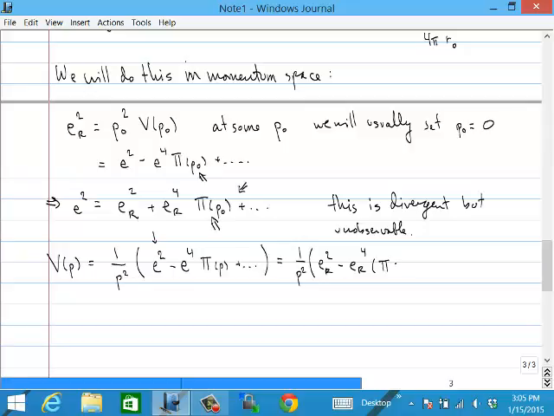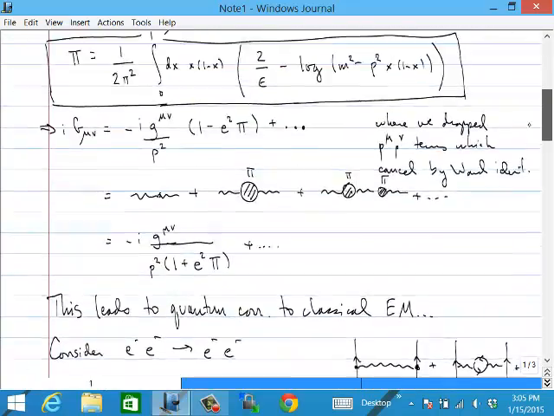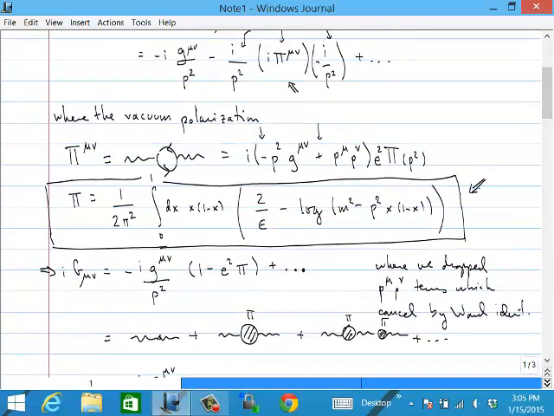And we get a pi of p minus pi of p naught squared, plus dot dot dot. And then if we go ahead and stare at our expression for pi up here, okay, so here was our expression for pi, you can see that when you subtract off pi of p minus pi of p naught, that 1 over 2 epsilon divergence just cancels out.